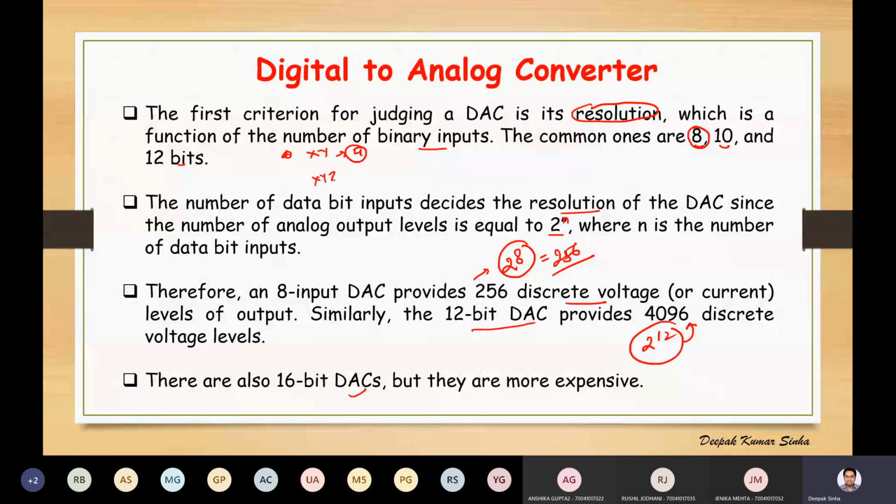If we have 3 binary numbers, we have 8 combinations possible. Similarly, when you increase the number of bits, the number of discrete levels increases. If I have x, y, z and k, then it becomes 16 different levels. So you can produce the analog signal more precisely.